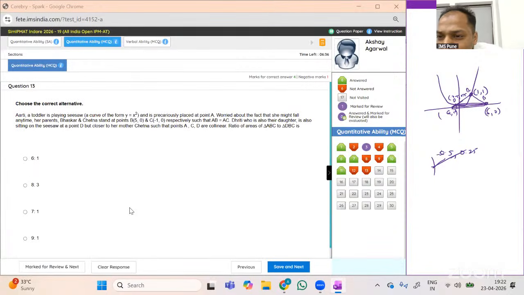Oops, 1:4 is not there. From 1 to 0.5. Minus 1 to 0.5, minus 0.5, and minus 0.5 to 1.